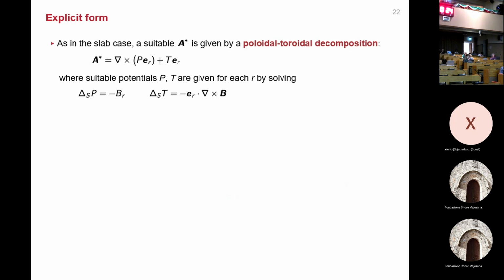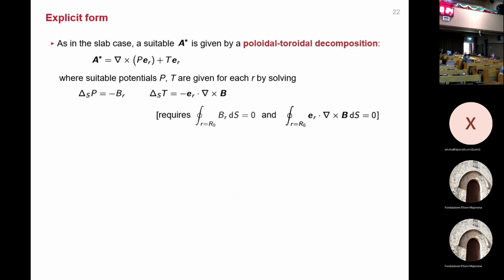You're given what the magnetic field B is, the P potential has to have its Laplacian equal to minus BR, and the T potential has to have its Laplacian equal to minus the R component of curl B, which is the current JR, as we would normally call it in MHD.